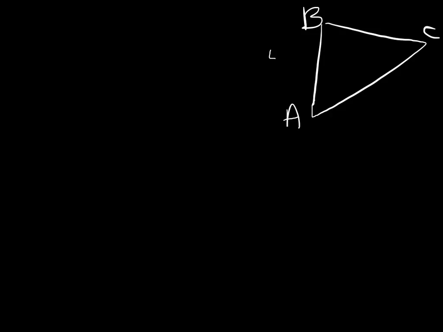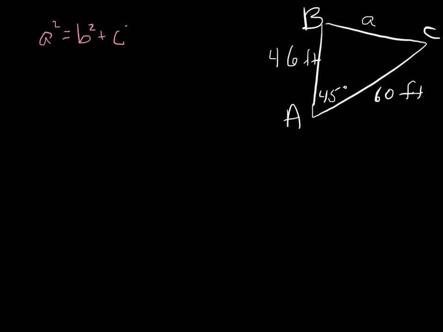Okay, next example, we've got a triangle. Let's say that we're given this side is 46, this angle is 45, and this angle is 60. We'll put these in feet. And we would like to find this distance a over here. So now we're looking for a side, so I'd rather use this form.